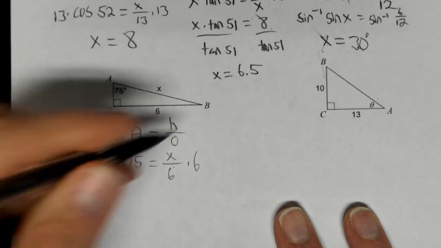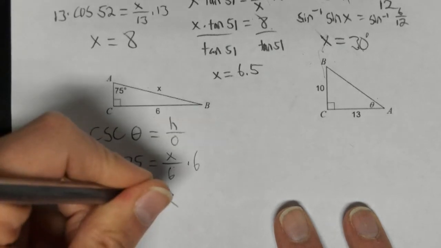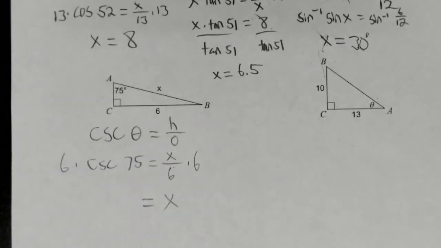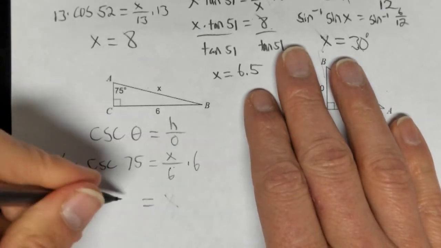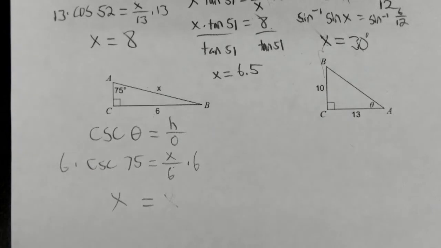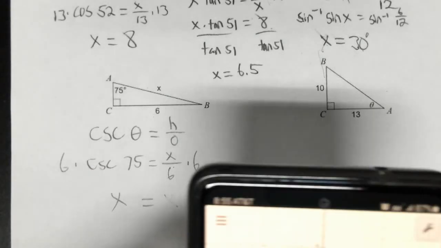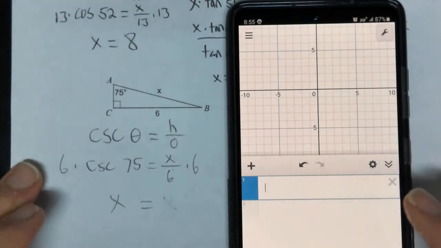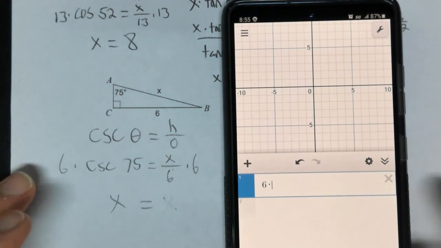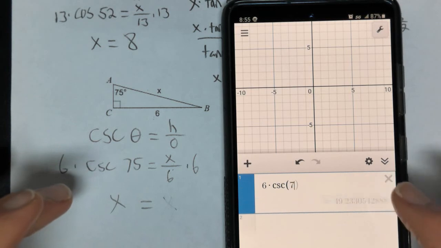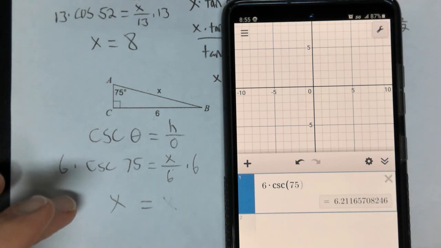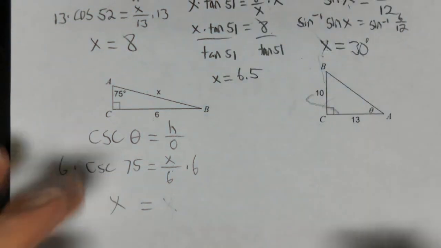And so when that happens, that'll cancel out and leave me with x. And so I like to put my x on the left hand side, just a preference. And so let's come back in now and go 6 times the cosecant of 75, and then we'll get 6.2 as our answer there.